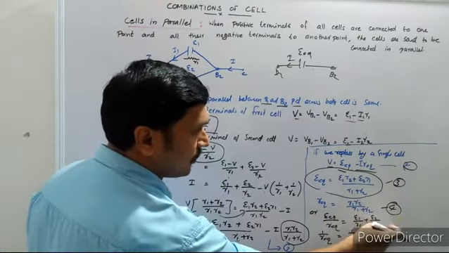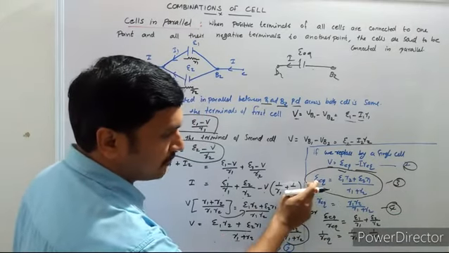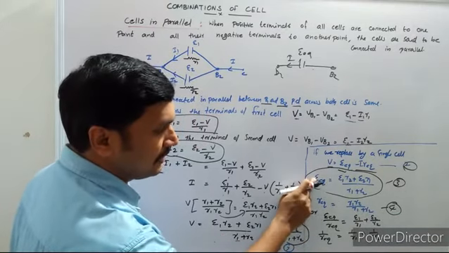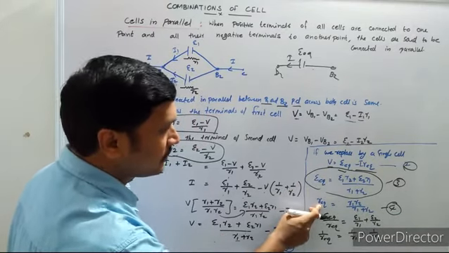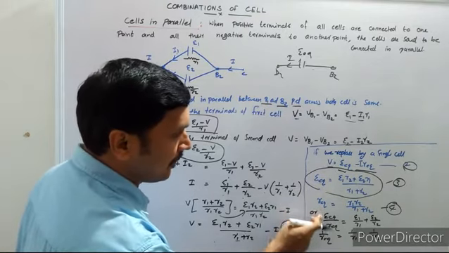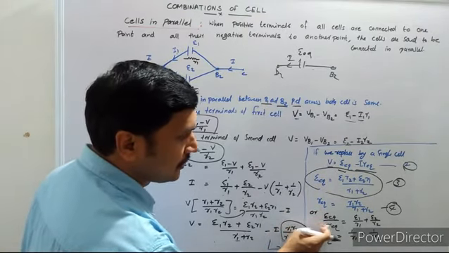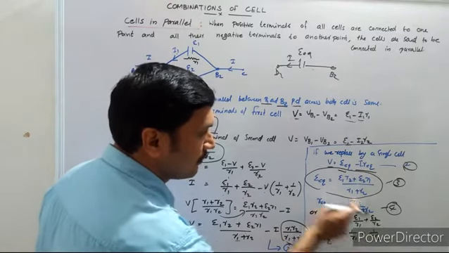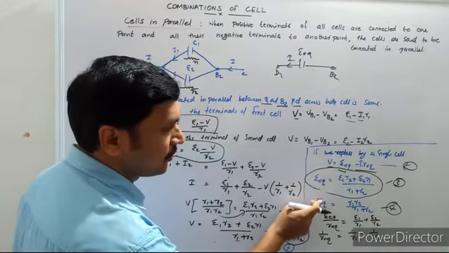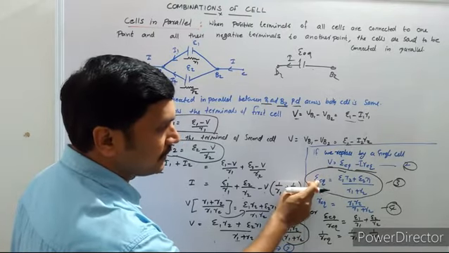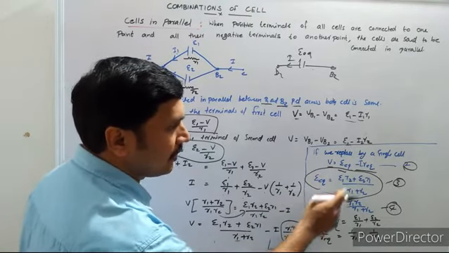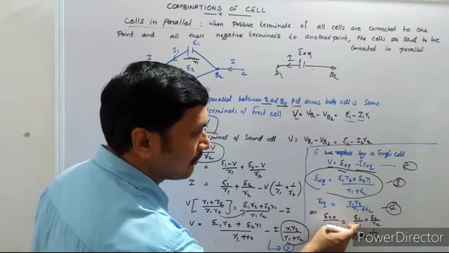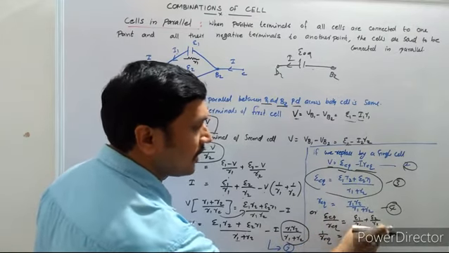On the left side we have E equivalent by R equivalent. On the right side we have E1 by R1 plus E2 by R2.